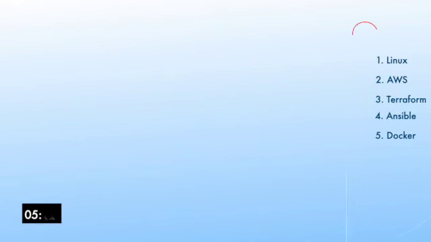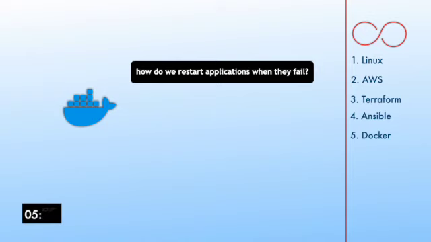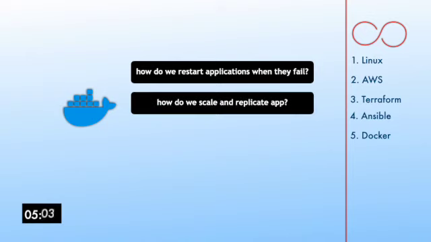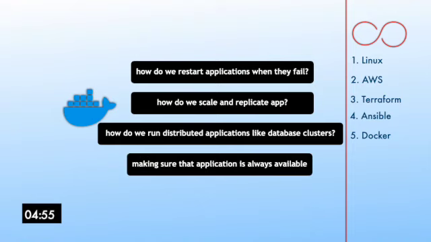With the introduction and benefit of Docker come also some challenges. Problems like how do we restart applications when they fail? How do we scale and replicate applications if they are getting a lot of requests? How do we run distributed applications like database clusters? Making sure that the application is always available, and many other issues.